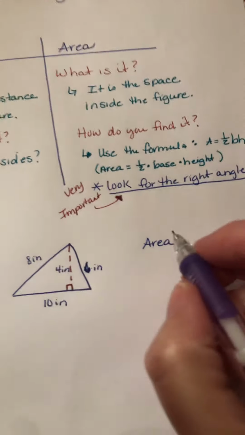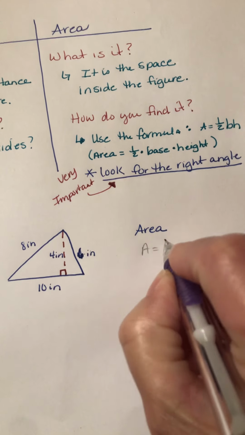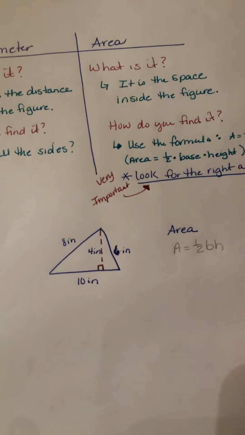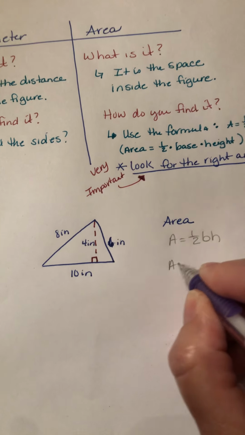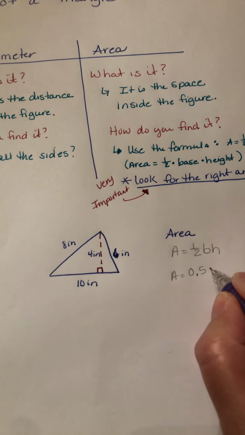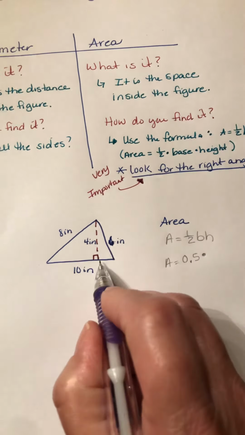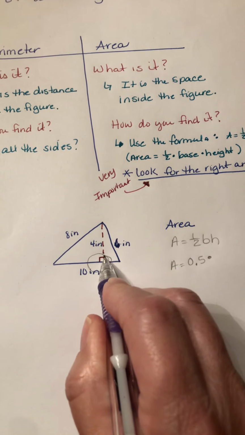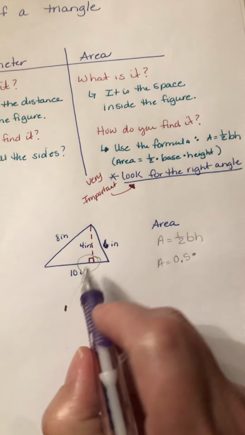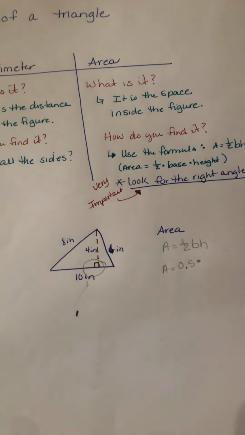Now, remember for area, A equals half base times height. Now the half, that's easy. We can change that to 0.5 because we can put that number in our calculators quite nicely. Times, and then look right here. You see that right angle? There's your base. Oops, sorry about that. There's your base, and here's your height.